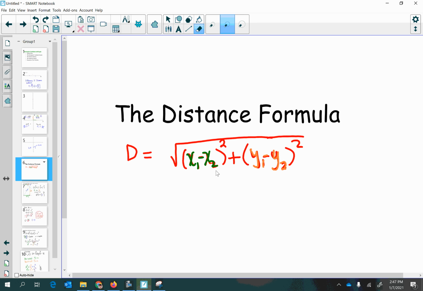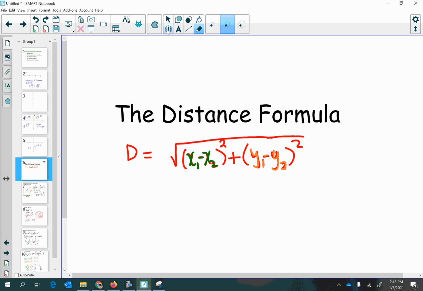So here is the distance formula, and this is something that you typically memorize, but I've noticed that students will often mix this up with another formula that you're going to be using called the midpoint formula. So we're going to learn how to distinguish between the midpoint formula and the distance formula.